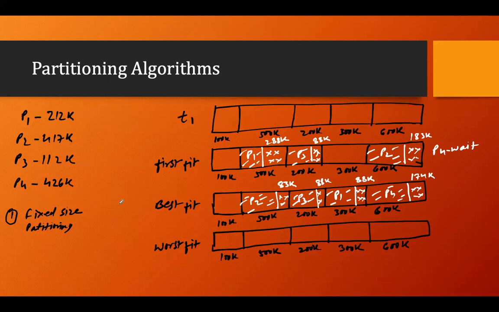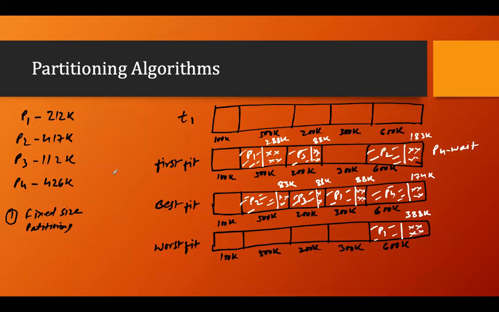Now come to the worst fit. Worst fit takes the largest chunk of memory and accommodates the process there. So what is the largest chunk here? It will scan from the beginning. 600 is the largest chunk, so it will accommodate P1 here. From 600, 388K will be left, which is available but not useful.